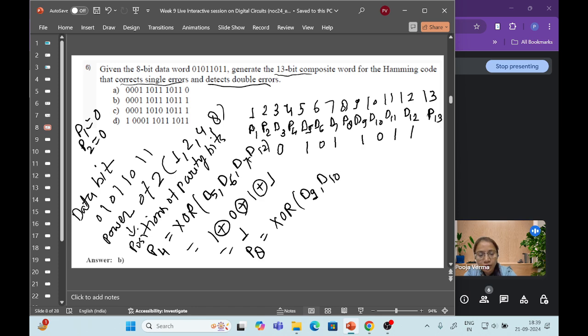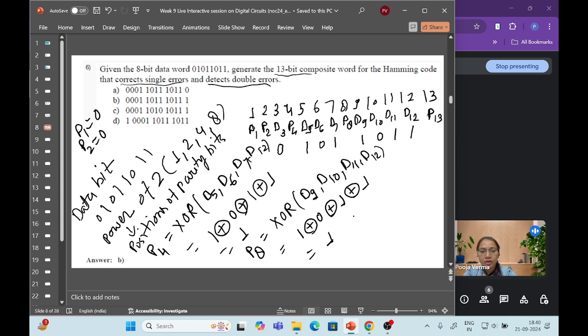Here we have to take 4 positions, then leave the next 4 positions. D9, D10, D11, D12. Okay, now next one is P13, so we cannot take. So D9 is 1, then D10 is 0, then XOR of 1, XOR of 1. So there is odd number of ones, so directly we can write it as 1.